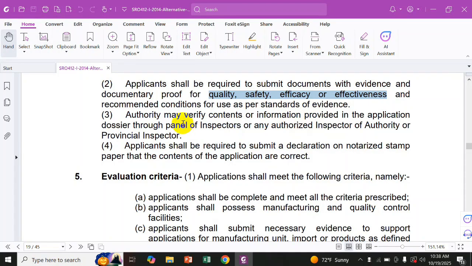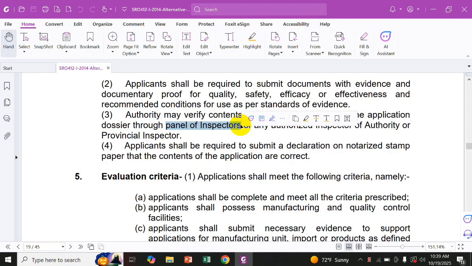Next, the authority may verify the content of information provided in the application dossier through a panel of inspectors. This is one of the most important points. When we apply for the registration of nutraceutical product, it does not mean they have no authority to check our manufacturing facility and what we provided to the regulatory authority.